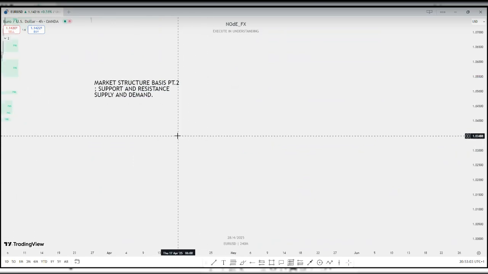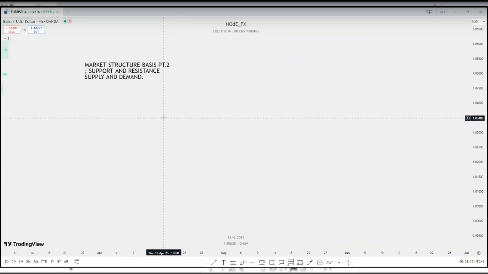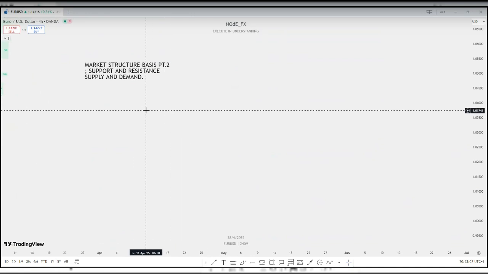Okay, so the first thing we have to know here is support and resistance. They are both contexts that we usually use when describing market structure. I remember from the previous video, we have higher highs, higher lows, and all of that.